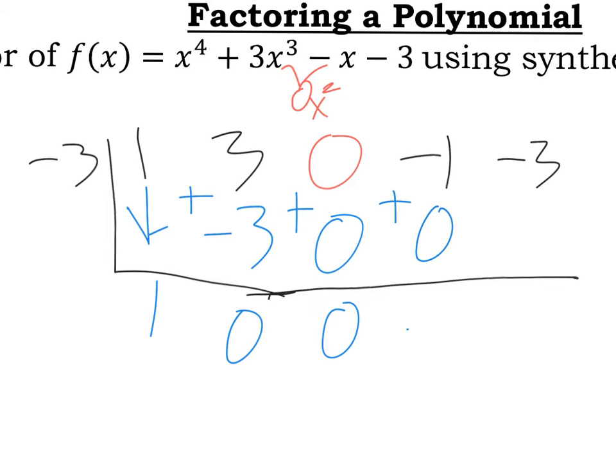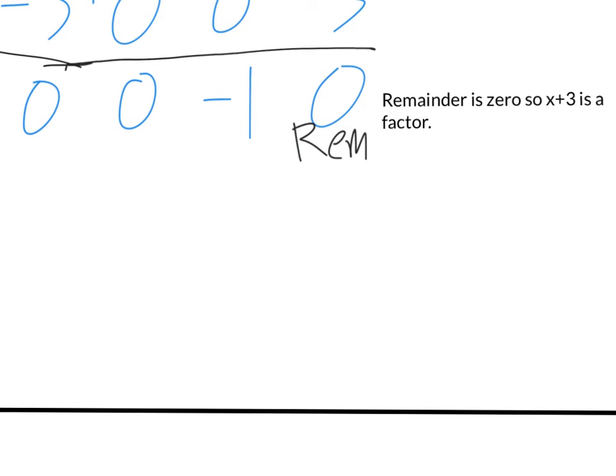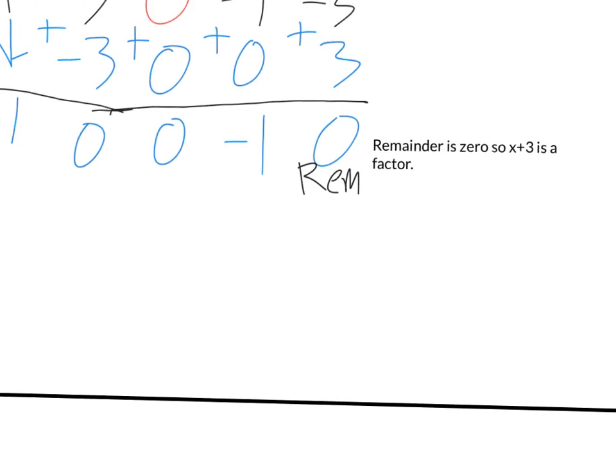What's negative 1 plus 0? Negative 1. What is negative 1 times negative 3? Positive 3. What's negative 3 plus positive 3? 0. So this last term, the remainder, is 0. So that means it is a factor. So I just made that note right there.